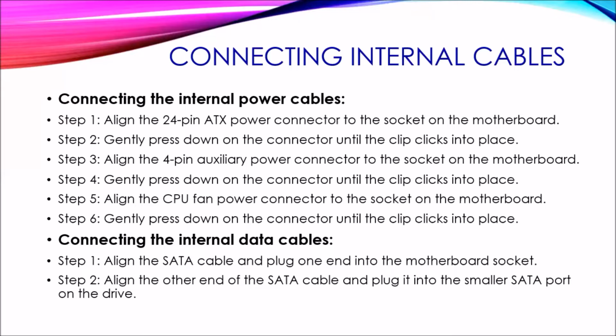Step number 4, gently press down on the connector until the clip clicks into place. Step number 5, align the CPU fan power connector to the socket on the motherboard. And step number 6, gently press down on the connector until the clip clicks into place.